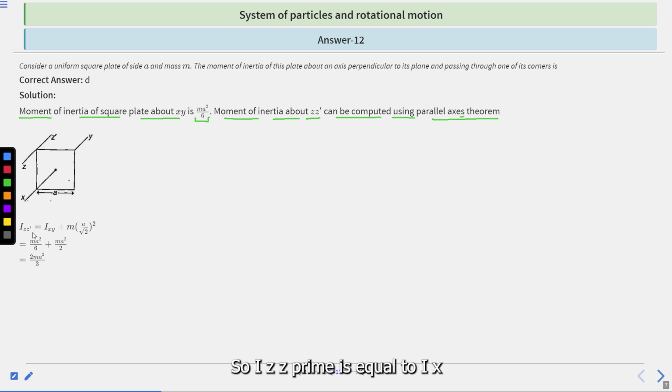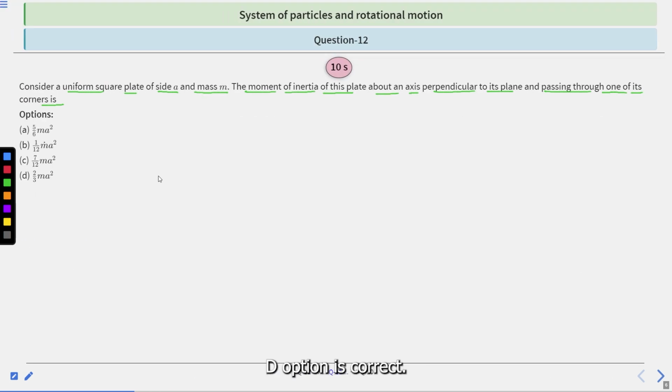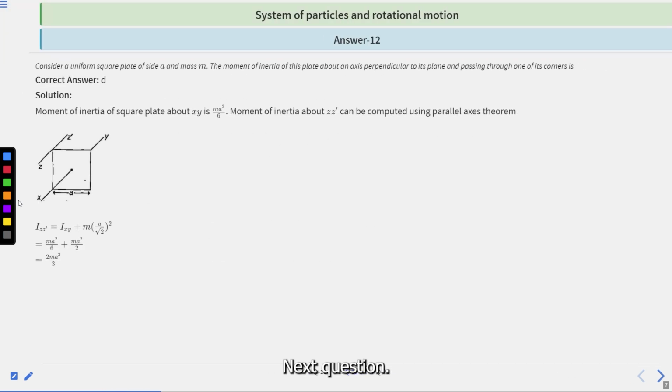So Iz prime is equal to Ixy plus m times a divided by root 2 whole squared. Solving this, you will get ma square by 6 plus ma square by 2, which is equal to 2 ma square by 3. So the correct answer is 2 ma square by 3, option D. Clear?